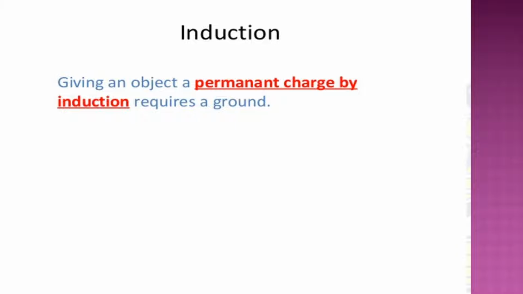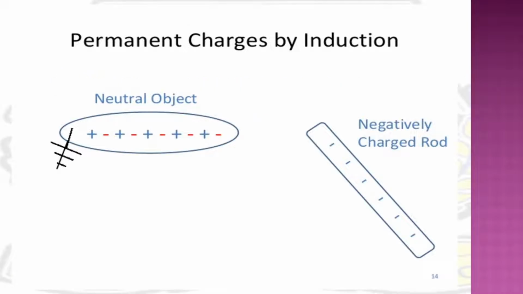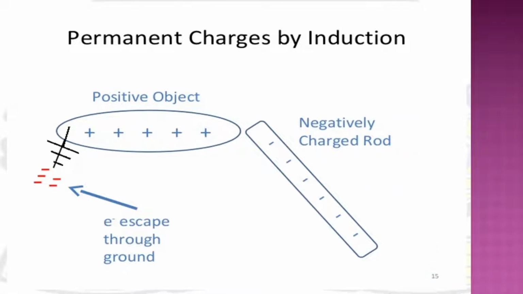Giving an object a permanent charge by induction requires a ground. Now students, consider again the neutral object, but this time it is grounded. We again have a negatively charged rod, and we bring it near, not touching, the object that was neutral.